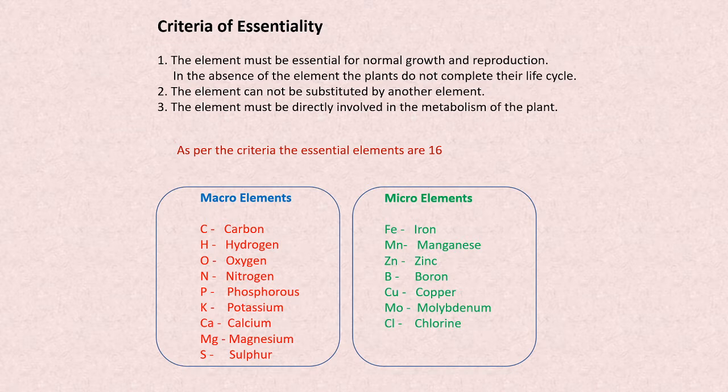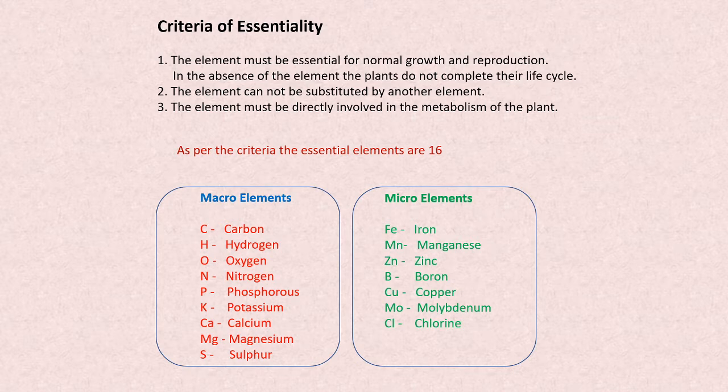Out of which carbon, hydrogen, and oxygen are the most abundant elements present in the plant on weight basis. The chemical composition of the plant is determined by ash analysis. So, after doing the ash analysis, it was found that nearly 16 mineral elements are considered as essential elements.